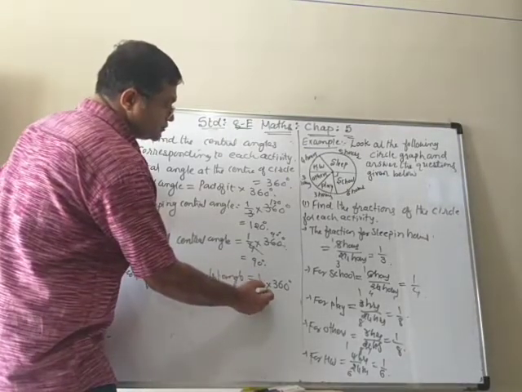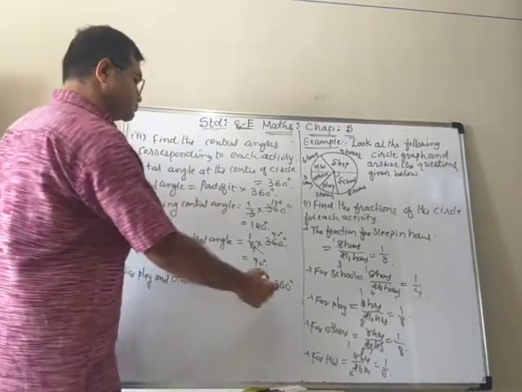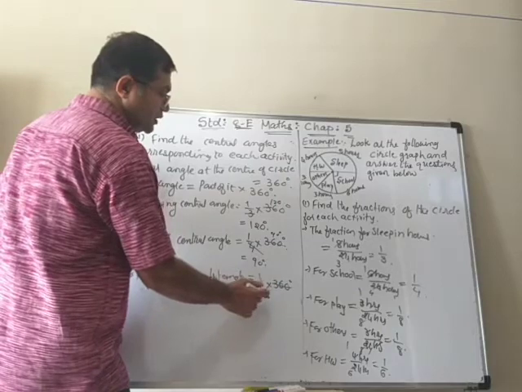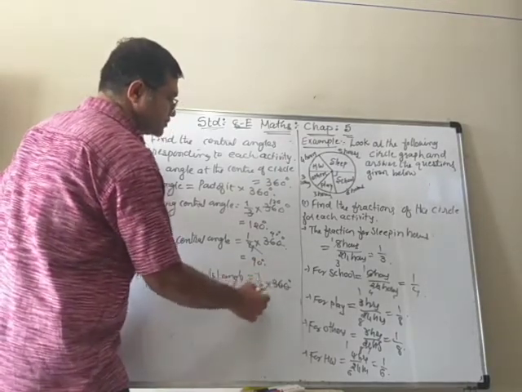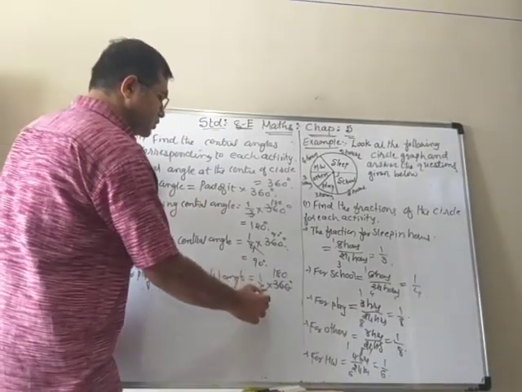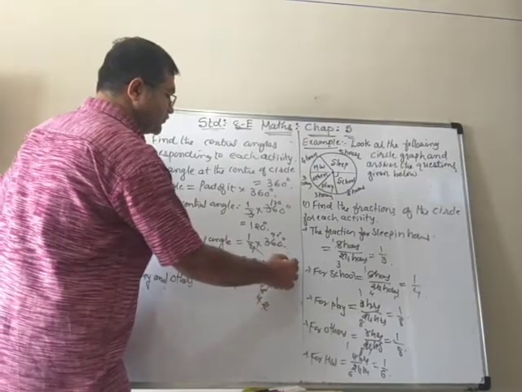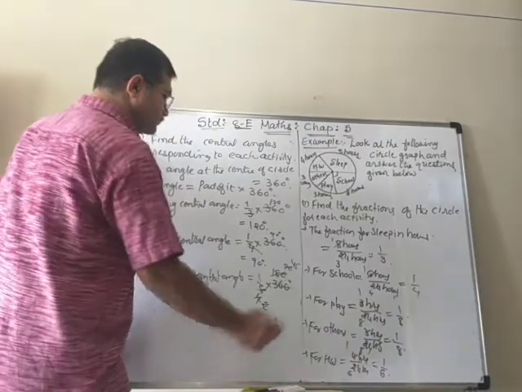So here, dividing by 2, 4 2s are 8, 360 by 2 is 180, 2 4s are 8, 90, and 45. So that angle will be 45 degrees.